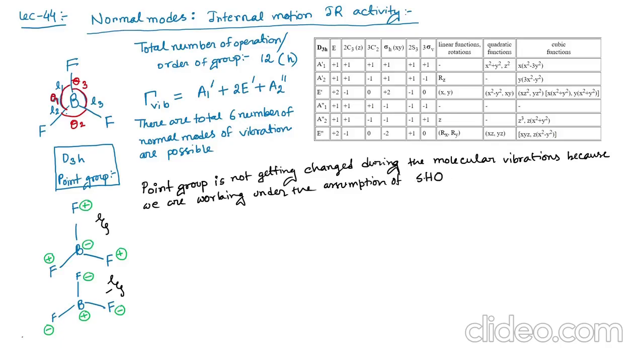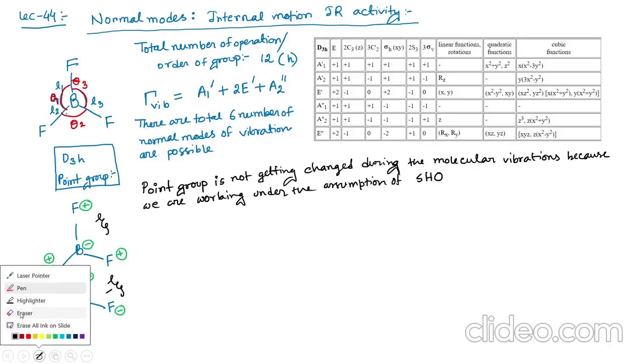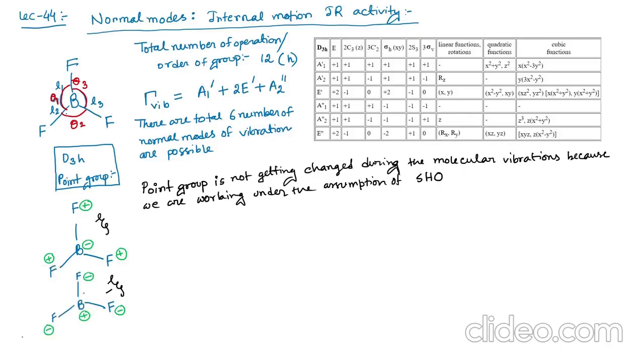That means the change from the equilibrium is very small, right? That's why it is a simple harmonic oscillator. So the point group won't change, and we will work with this point group only.